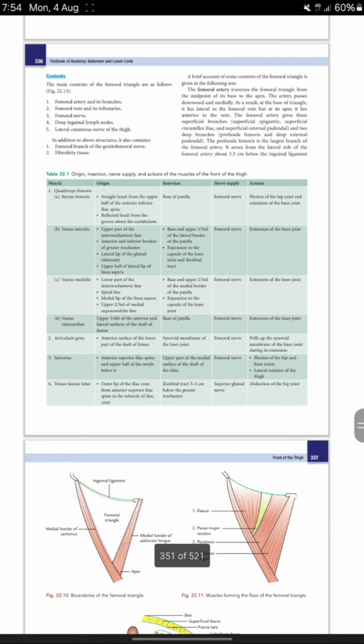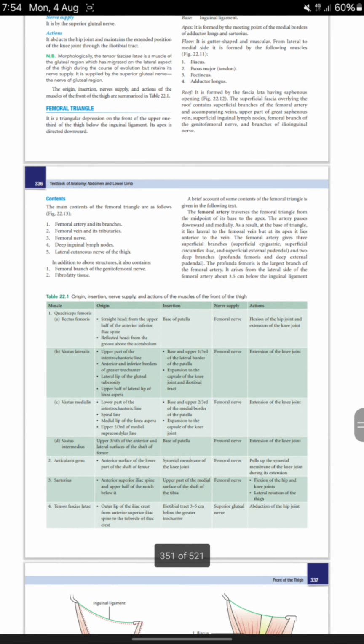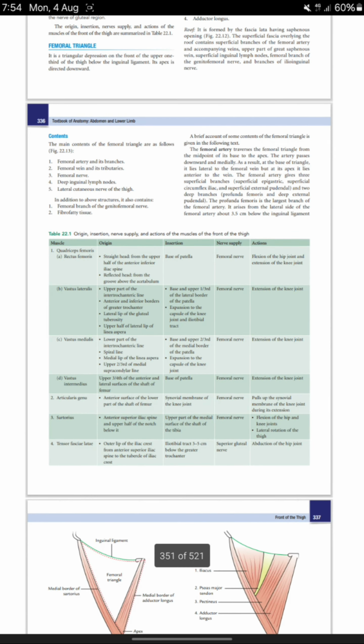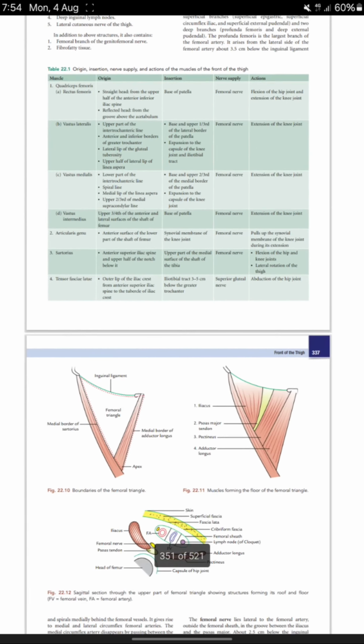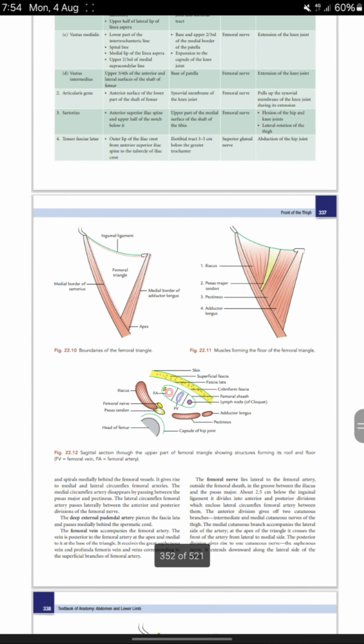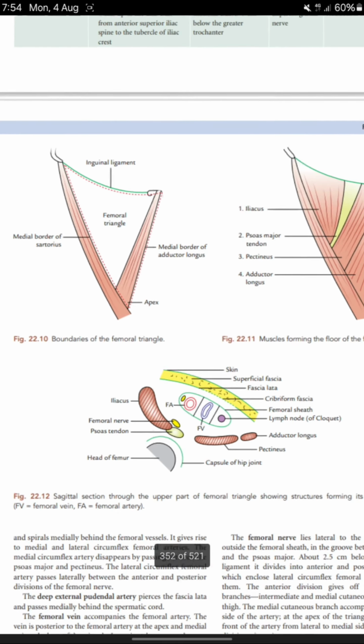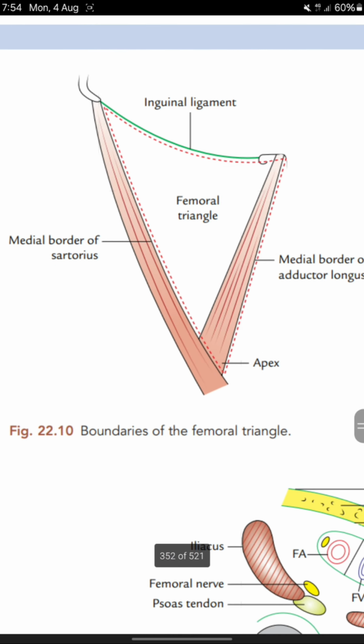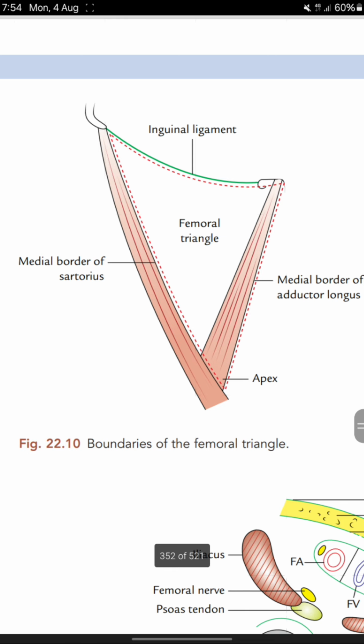It is a triangular structure which is present in the anterior part of the thigh, present below the inguinal ligament. So now, directly coming to the things which you have to draw or write in the theory exam. Firstly, the boundaries of the femoral triangle.